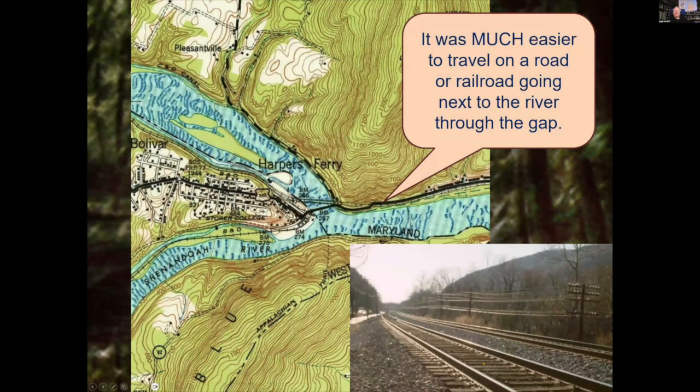It's a whole lot easier to travel on a road or a railroad that goes through that gap, and there was a railroad through that gap at the time of the Civil War. That meant controlling that railroad was a critical thing during the Civil War.